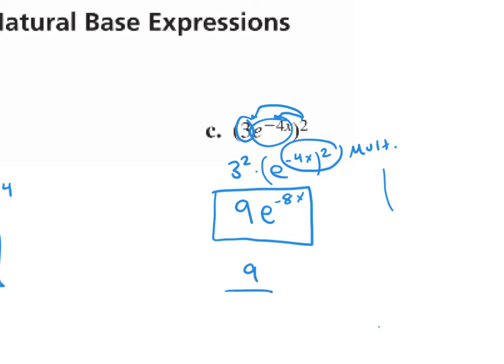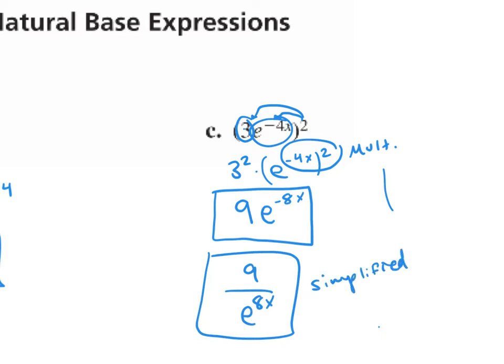And then what do we do with e to the power of negative 8x? Where does it go? Put it on bottom. And it becomes positive. So this is just our simplified answer.